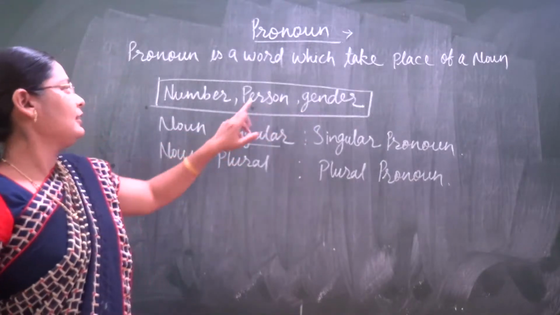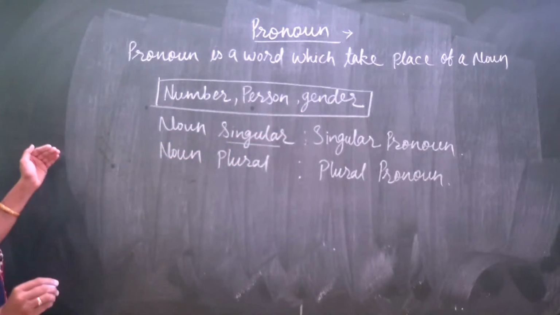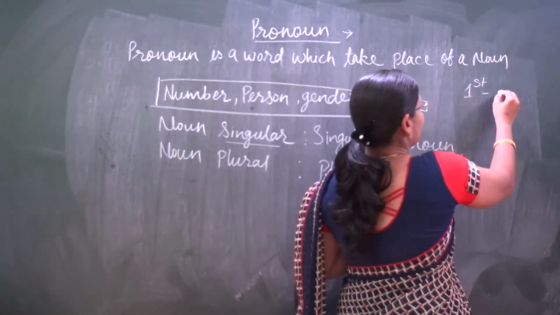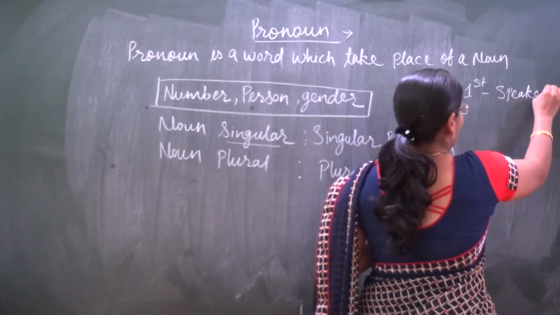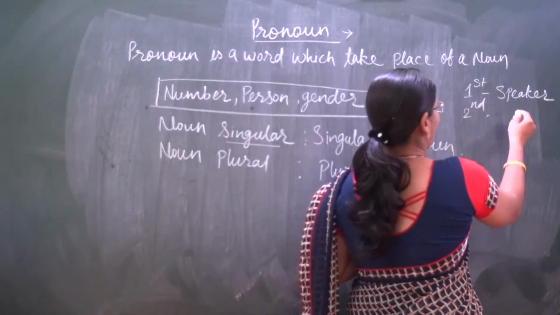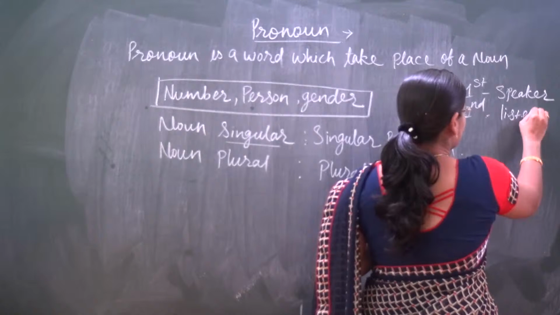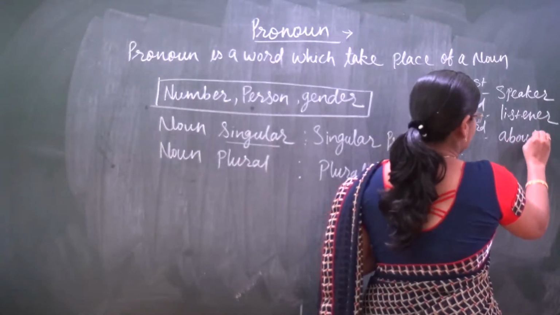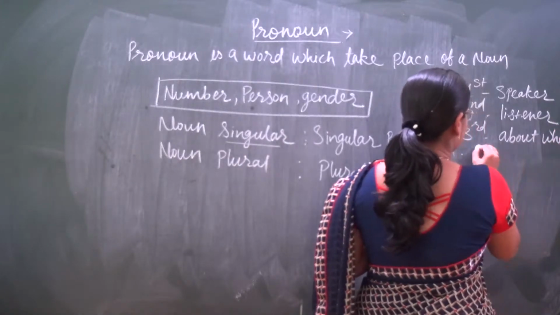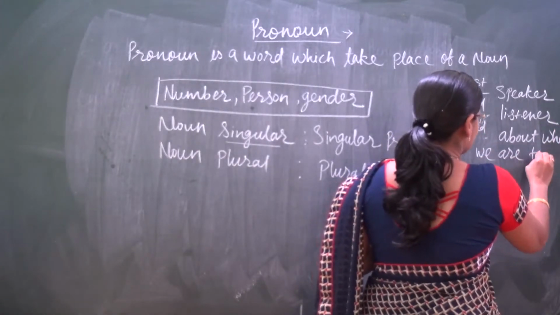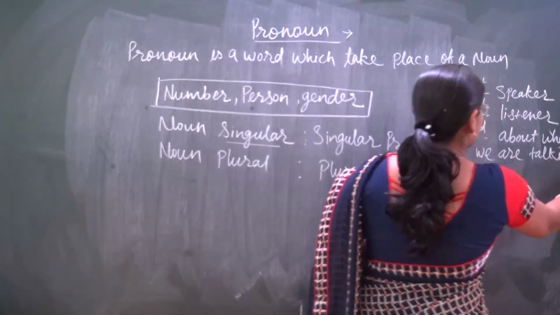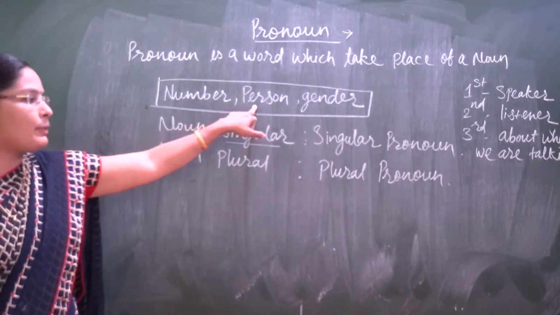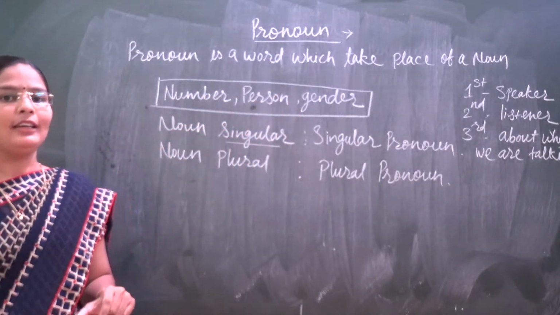What is person? In speaking, we have first person, who is the speaker. Second person is the listener. And third person is the one about whom we are talking. We call it first person, second person, and third person while speaking.